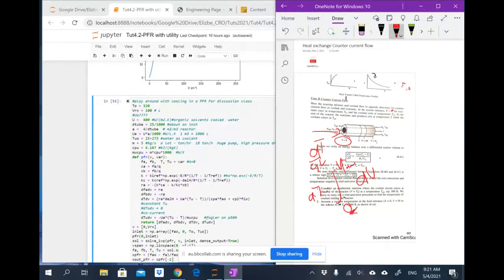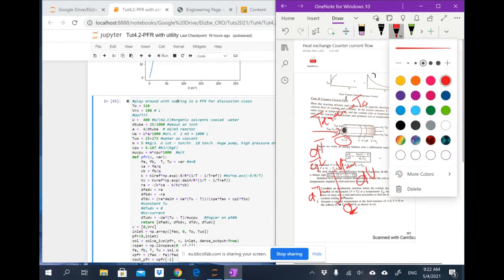So at this point where I start at 0, I know that the temperature of my reacting mixture at the inlet is equal to my T naught. And that is that 320 that was specified. Your reactants come in at 320. But now my utility is coming in at 298. That's the inlet temperature to my utility.